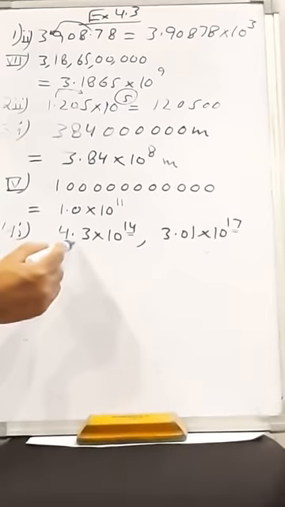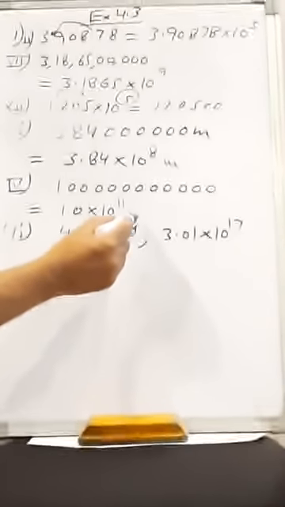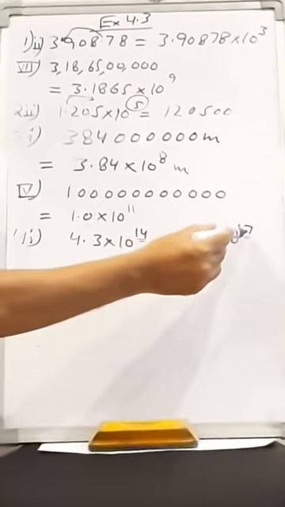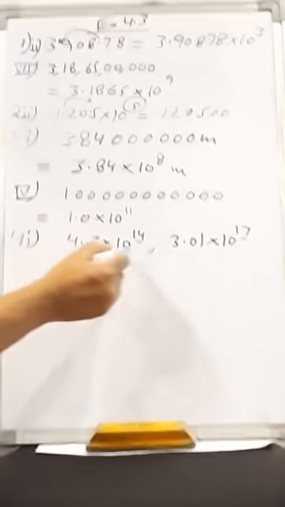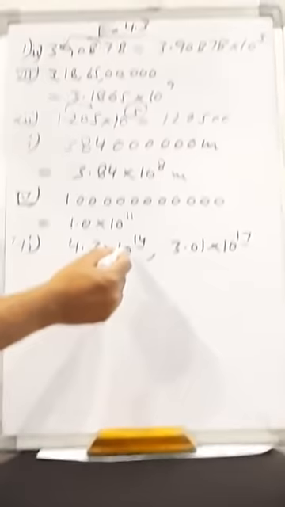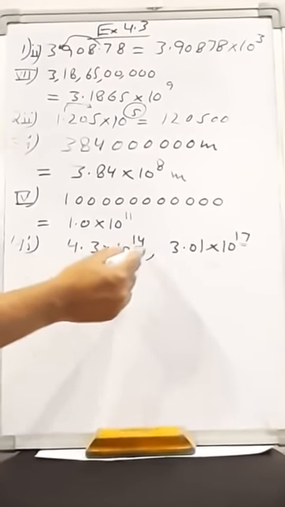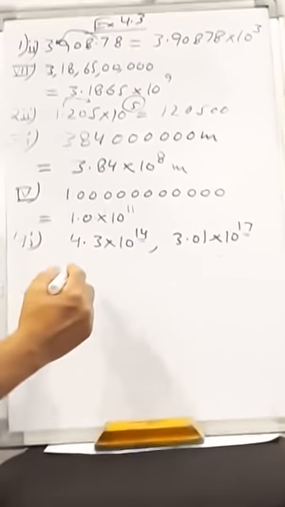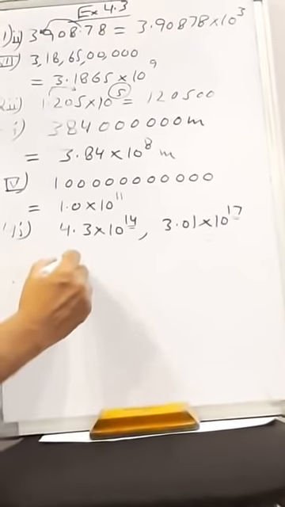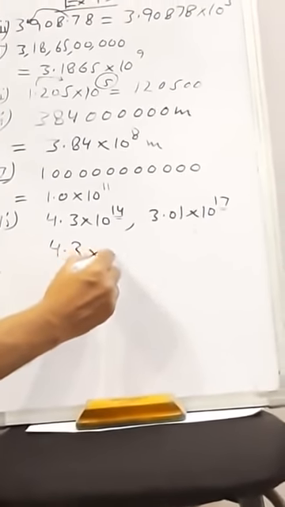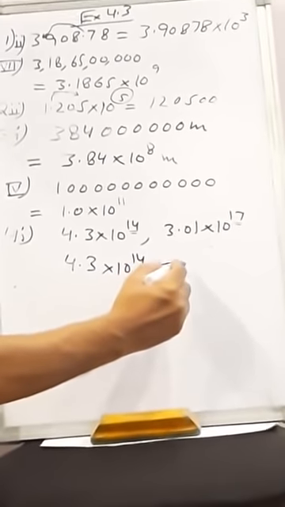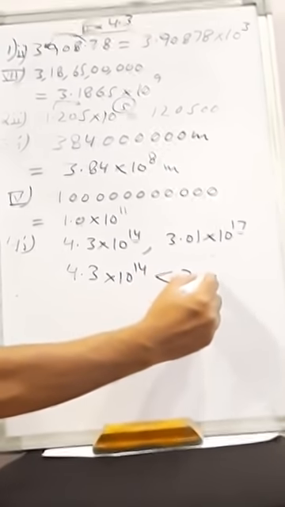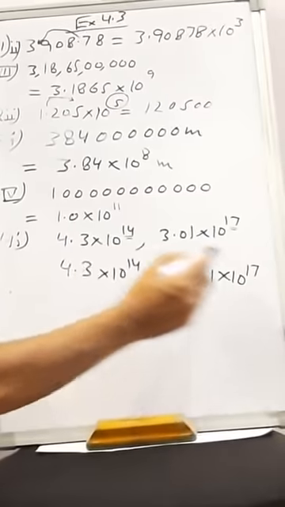In spite of this number being greater than that, since the power of this number is lesser, the whole number will be smaller, because this will be multiplied by 10, 14 times and that will be multiplied by 10, 17 times. Multiplying by 17 zeros would be greater than multiplying by 14 zeros. Therefore 4.3 into 10 to the power 14 is less than 3.01 into 10 to the power 17.